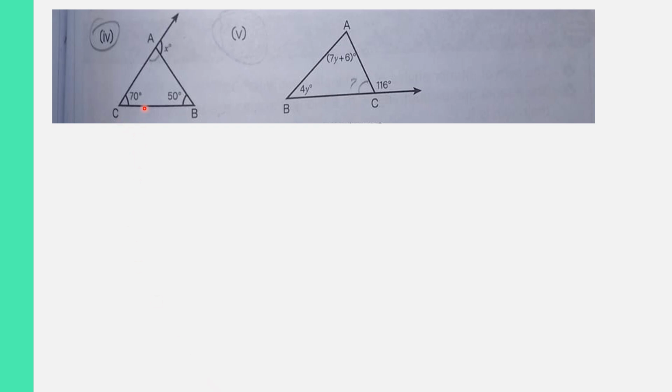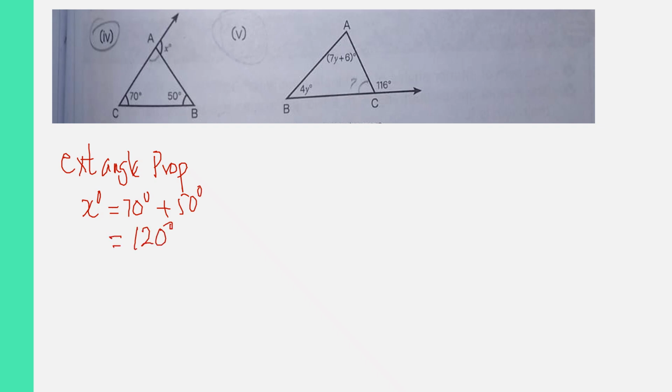Coming to the last part, which is also very simple, you have to find x degrees. Now you know that x degrees is the exterior angle and these two are the opposite interior angles. So you can easily apply the exterior angle property, and it will say that x degrees is equal to 70 degrees plus 50 degrees, which is equal to 120 degrees.